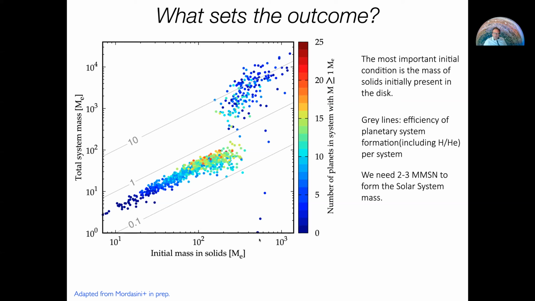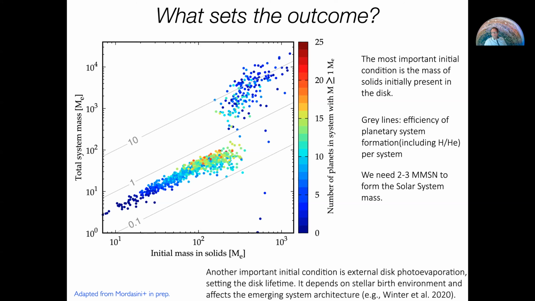These, by the way, are systems which start with a lot of solids, but in the end, all the massive planets were ejected, and we have this very strange system where, despite these huge initial conditions, we don't have a lot of planets. So I think with this plot, we can quite well understand how this initial mass of solids affects the outcome and the system architecture.